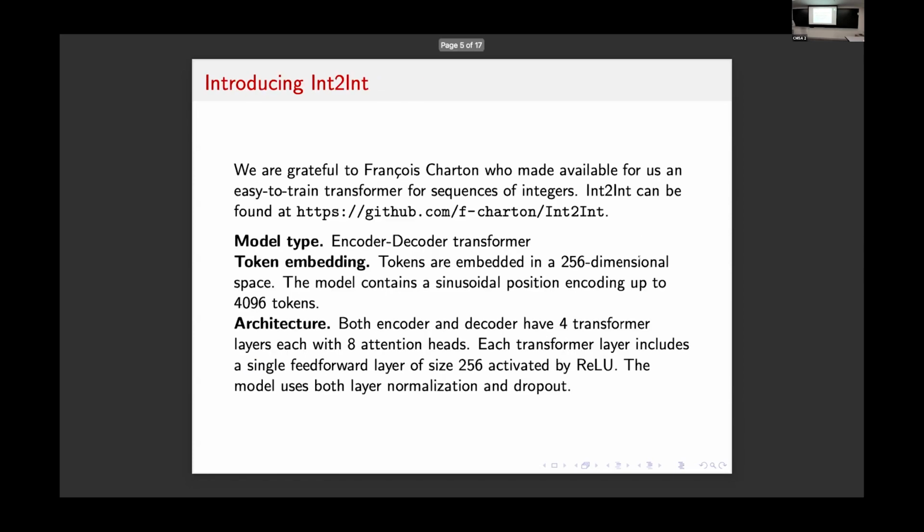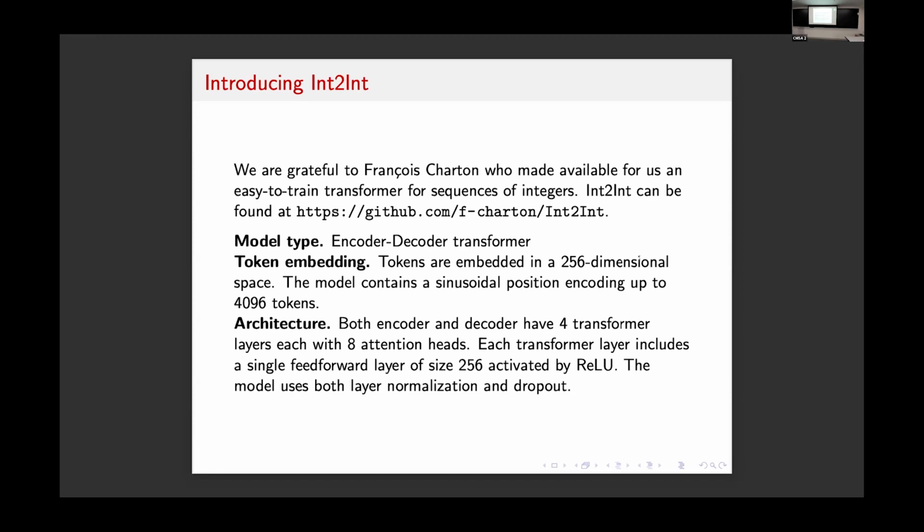All right, so the main tool that we used was Francois's code for end-to-end, which we're immensely grateful to him for making available to us. It's basically an encoder-decoder transformer that's available on Francois's GitHub. It's very easy to use, and it has a very good README that tells you how to initialize things. The tokens are embedded in a 256-dimensional space.